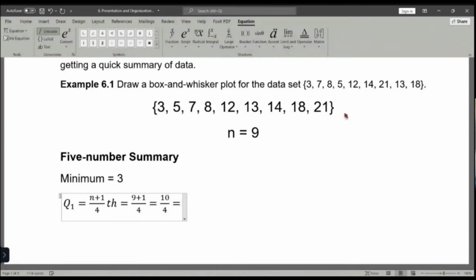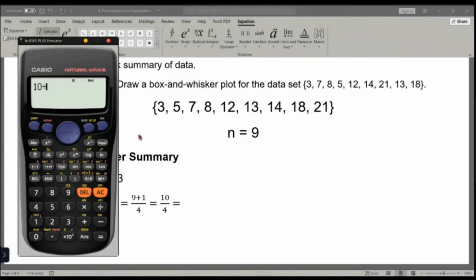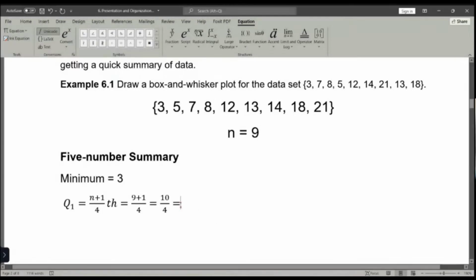What is 10 over 4? You may use your calculator. 2.5. Take note, this is the location. So lagyan natin ng 2.5 ng order.